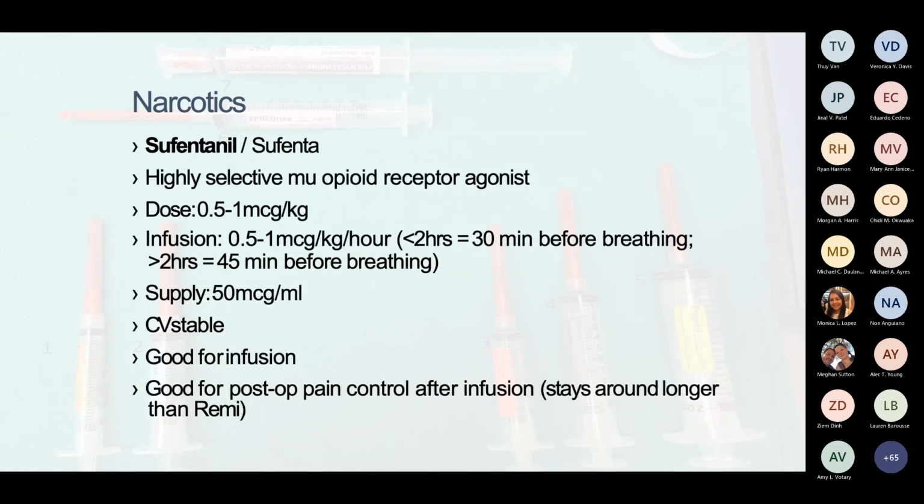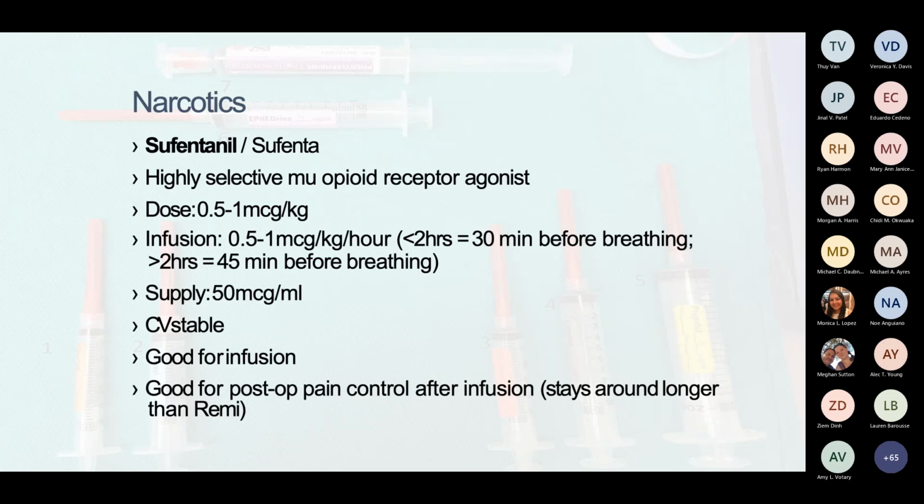Sufentanil is a faster duration of action IV opioid we use. Dosing is going to be 0.5 to 1 micrograms per kilogram. You will see some places use sufentanil as their induction. They may not use fentanyl at all. The problem you run into is if you haven't done a good job of covering their analgesia a little bit longer, headed into PACU, they will have pain.